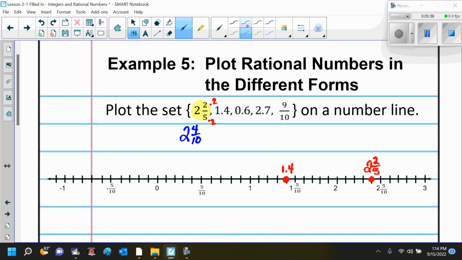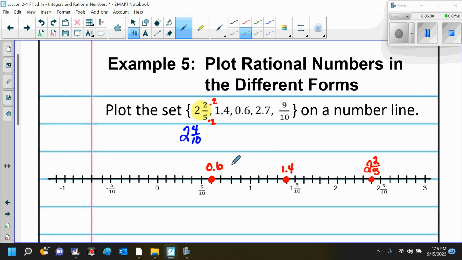6/10, of course, that's less than 1, right? 6/10 is less than 1, and it's greater than 0, right? So here we've got 1/10, 2/10, 3/10, 4/10, 5/10, 6/10 right there. So this is 6/10, 0.6.